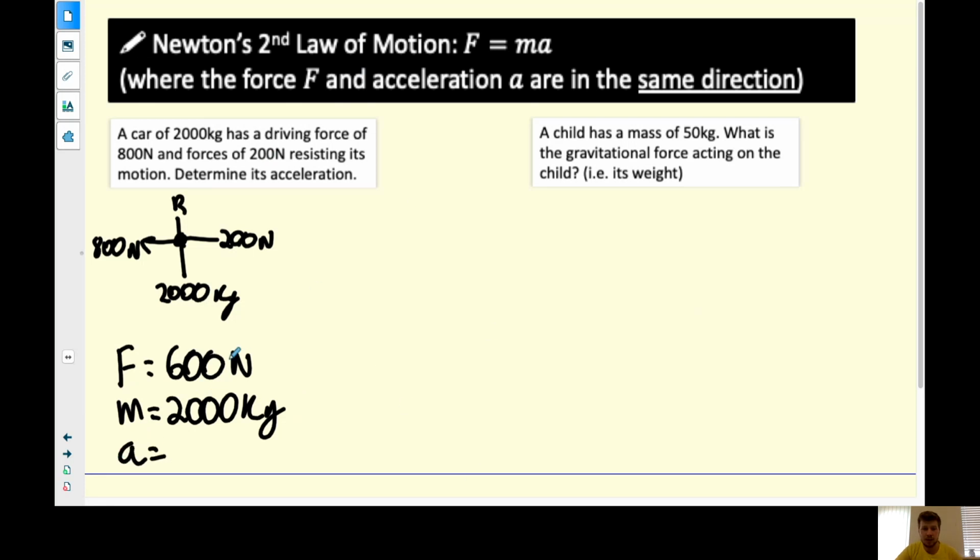So if I want to work this out, it would just be my force divided by my mass, which would be 600 over 2,000. 600 over 2,000 is 6 over 20, which is 3 over 10, which would be 0.3 meters per second squared.